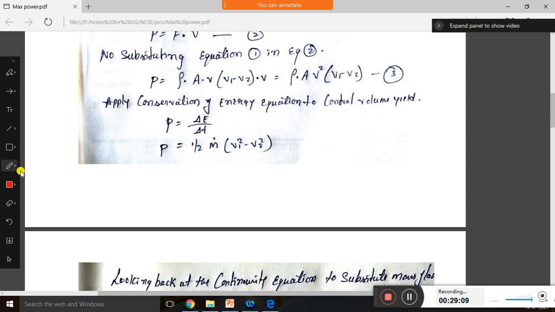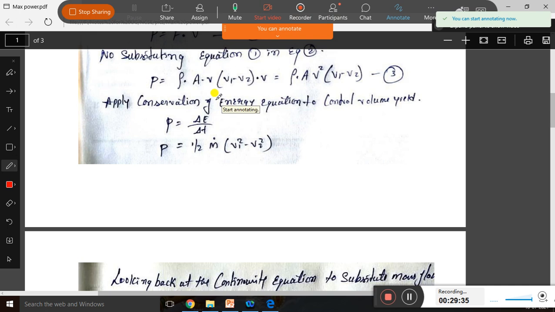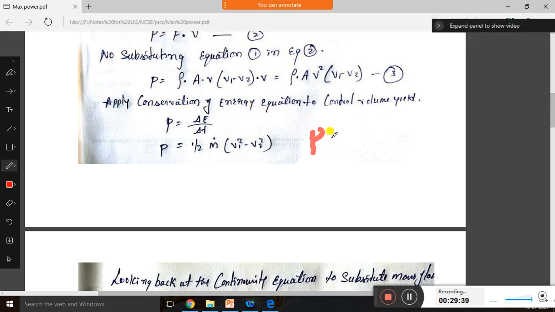Next, the same power we can also write as P = 1/2 m V squared. Here m is the mass, that is m dot, and V is the velocity.